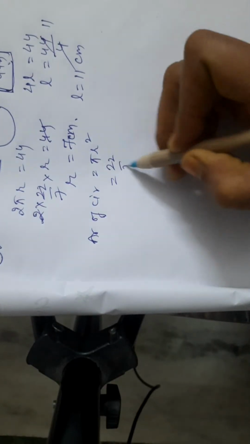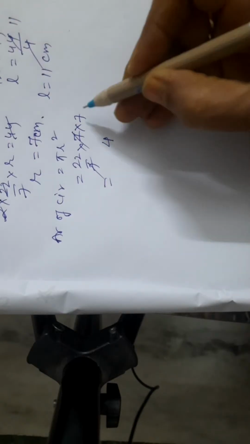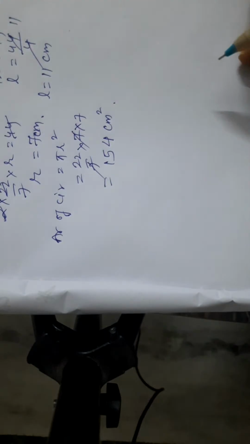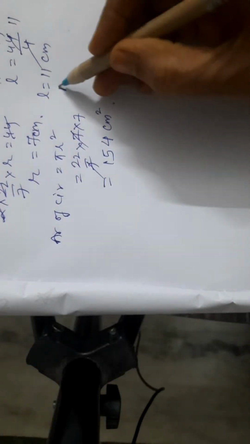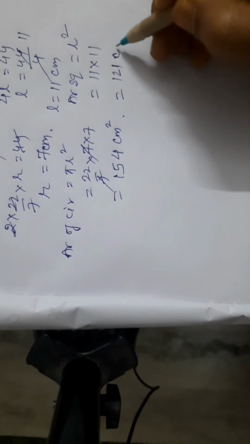Pi is 22 by 7, radius is given 7. 7 will get cancelled. So the final answer is 154 centimeter square. Now the area of square, its formula is L square. L is 11. So 11 multiplied by 11. Thus the answer is 121 centimeter square.